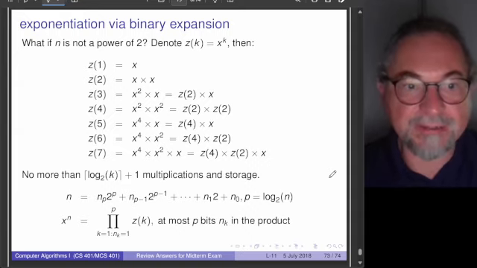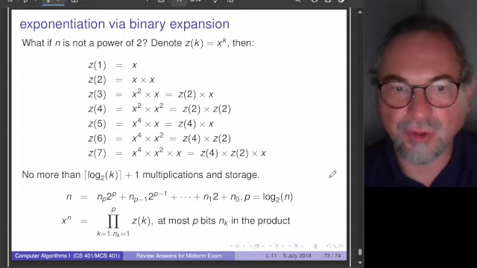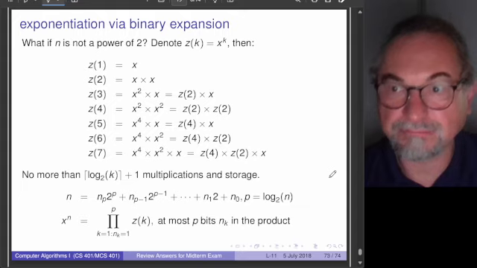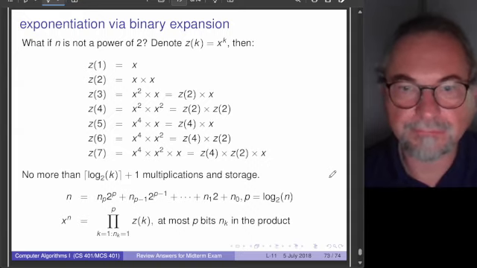Okay, so in the derivation of an algorithm, what you do is you look at the binary expansion and you start multiplying those perfect powers of 2 whenever you have a non-zero bit.